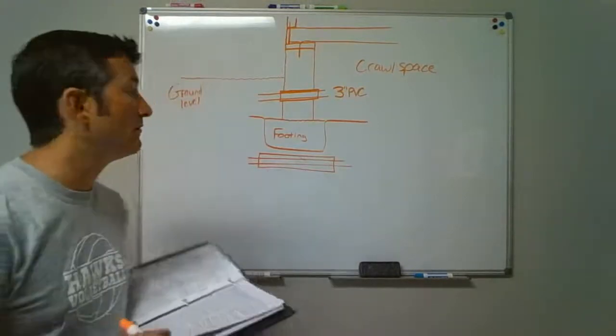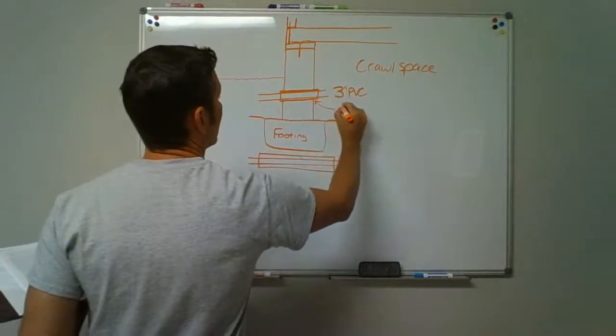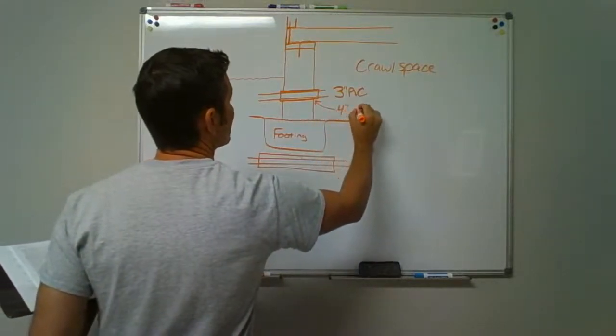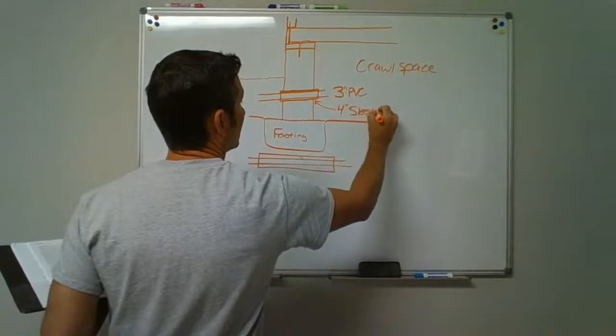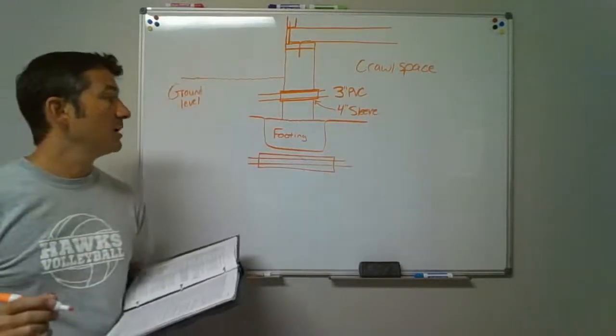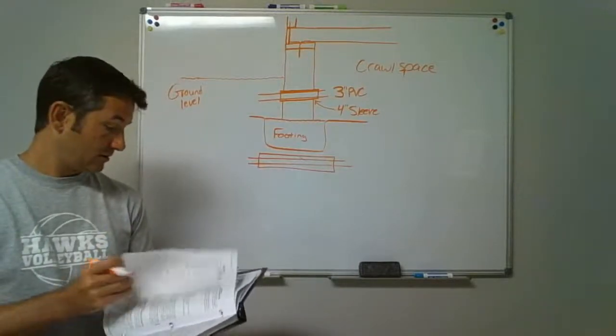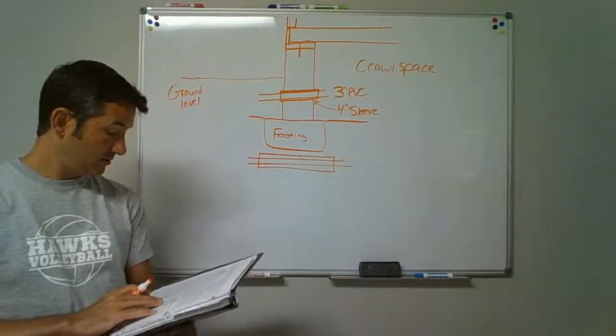So 3 1/2, then 4. So what size would this sleeve need to be? A 4-inch sleeve. Okay, so to sleeve that 3-inch pipe, we need a 4-inch sleeve going through there.